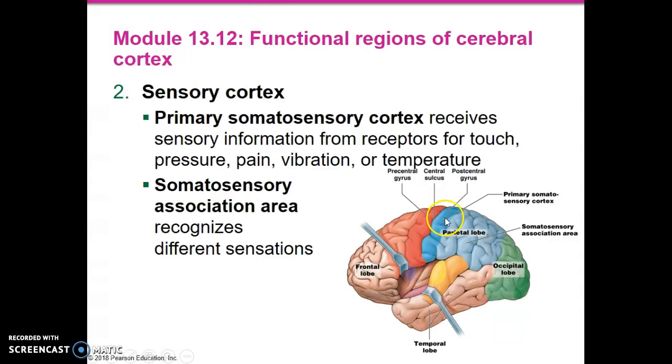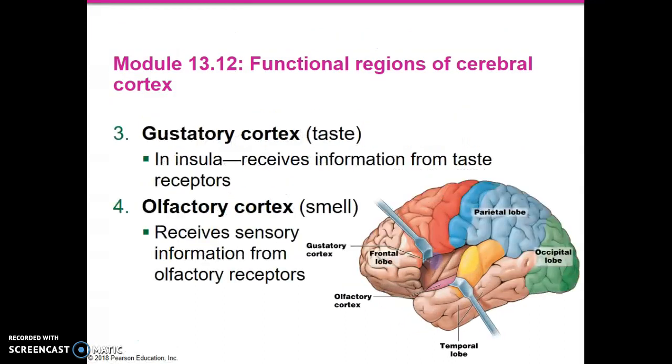So the primary sensory cortex receives sensory information from receptors: touch, pressure, pain, temperature, and then the association area recognizes the different sensations. The gustatory area is in the insula. The olfactory or smell area, you can see right here.